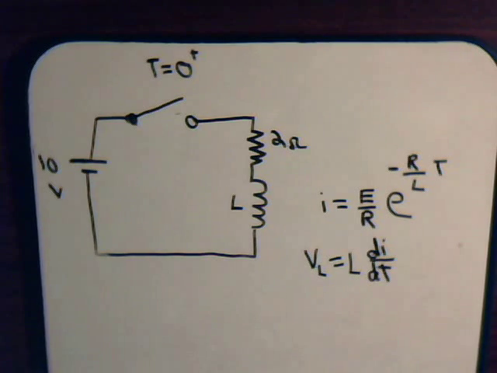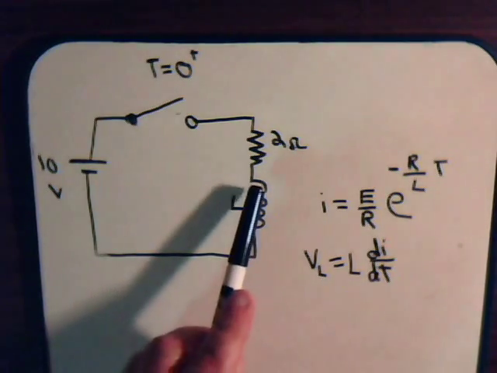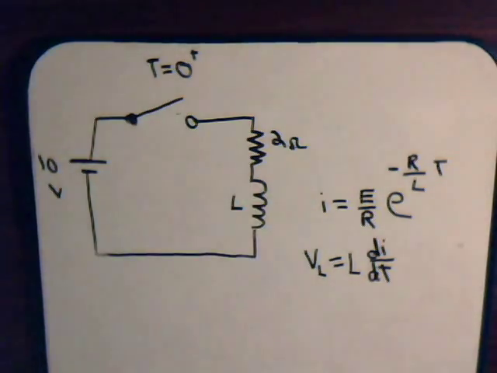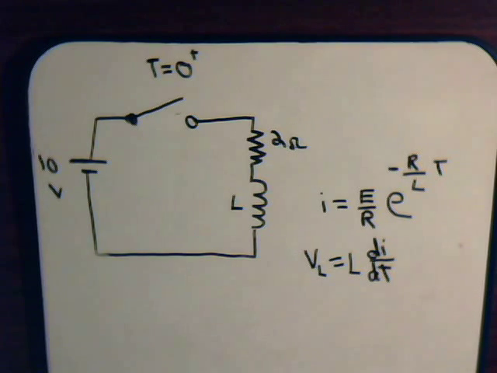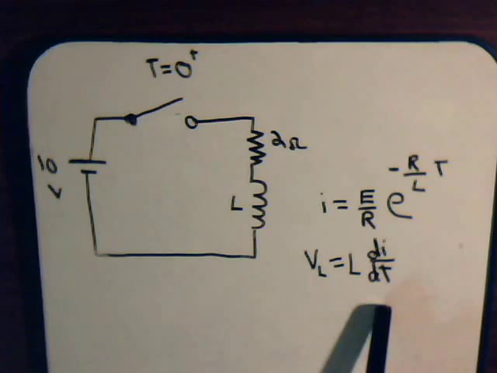The voltage across the coil depends upon how the circuit is set up. So for this circuit, we open the switch, and there's 5 amps of current here. It's not going to stay like that, of course. The current is going to decay, but it can fall off very rapidly.